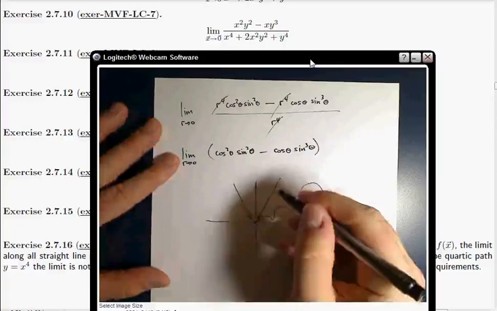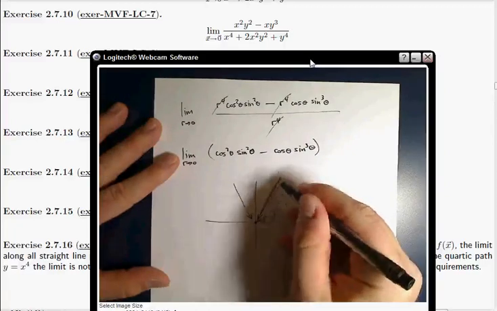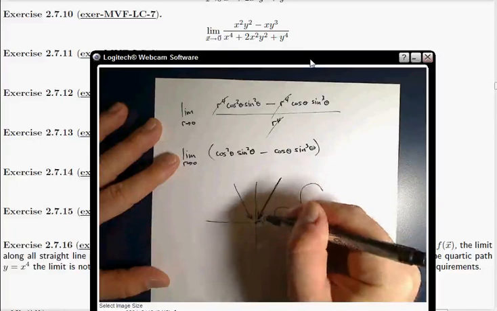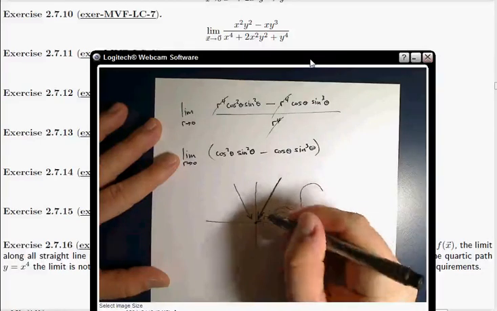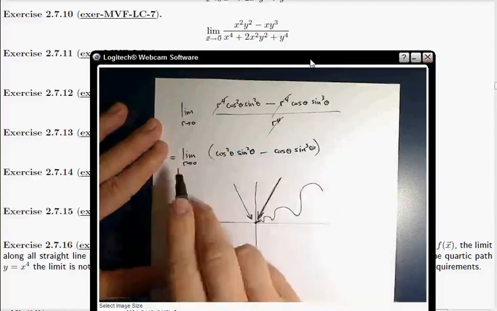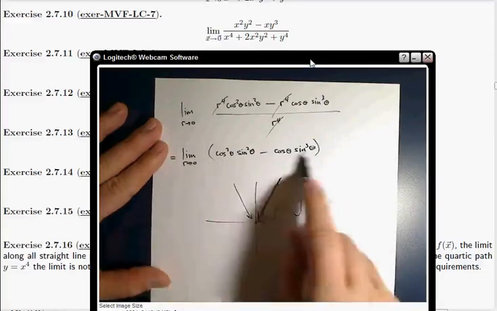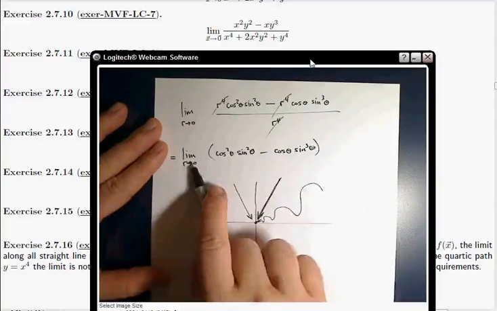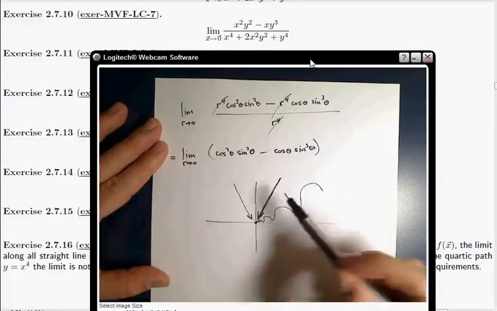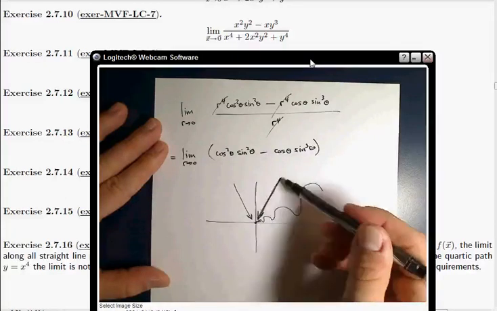And notice along this path here, theta is constant along that entire path. So on this path, whatever that theta is, I can plug that value of theta into here, and I'm taking a limit as r approaches 0 of a constant, since theta is a constant. I'll just get this value for whatever that theta is for that line.